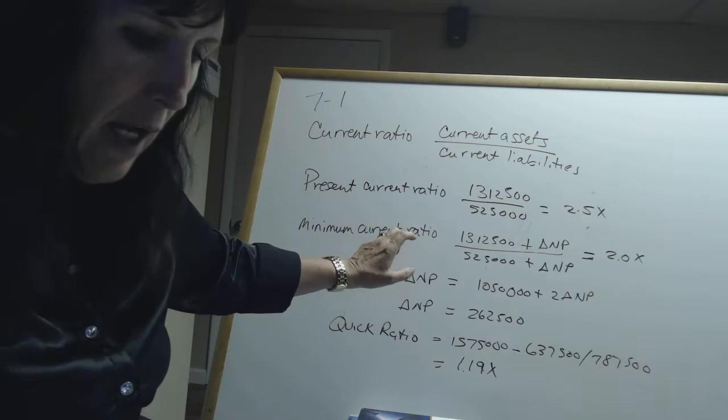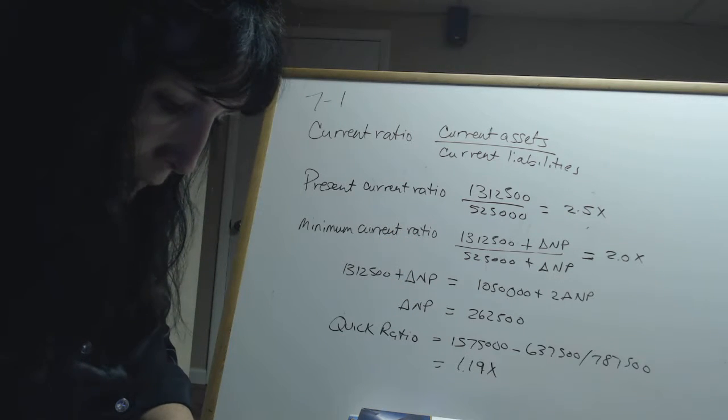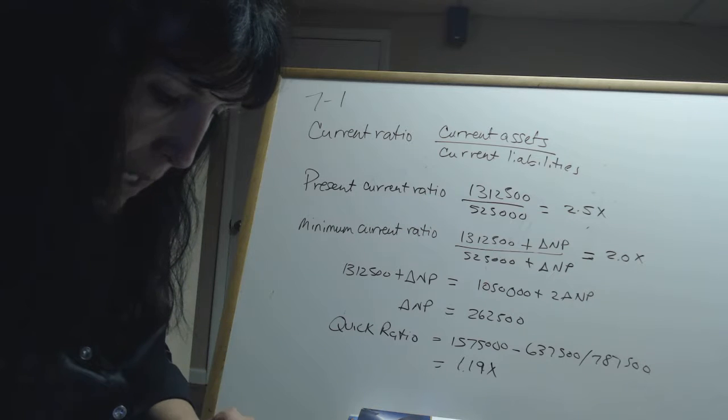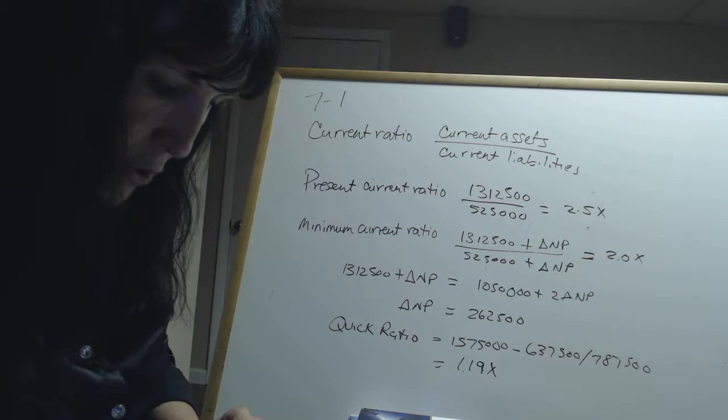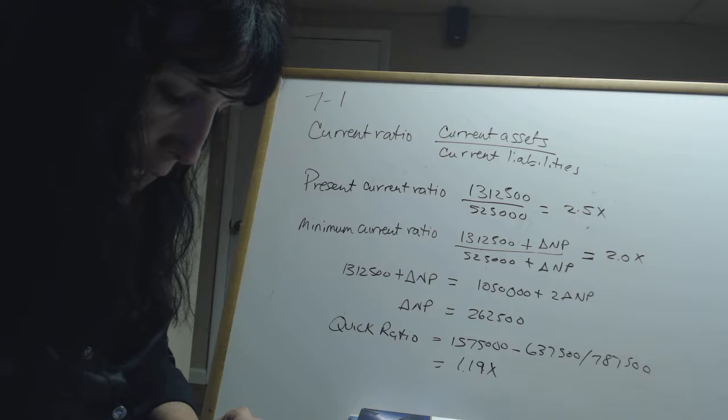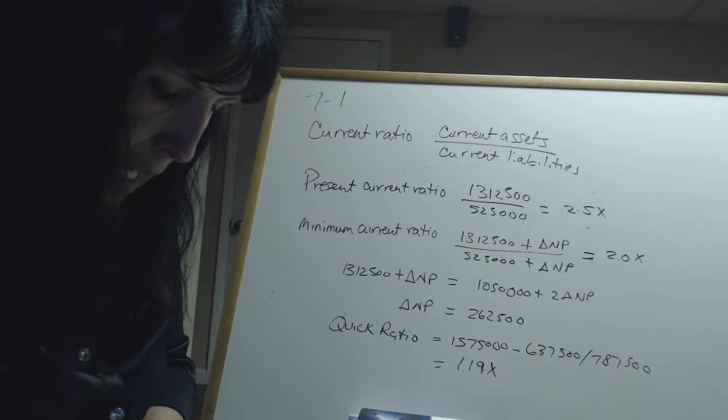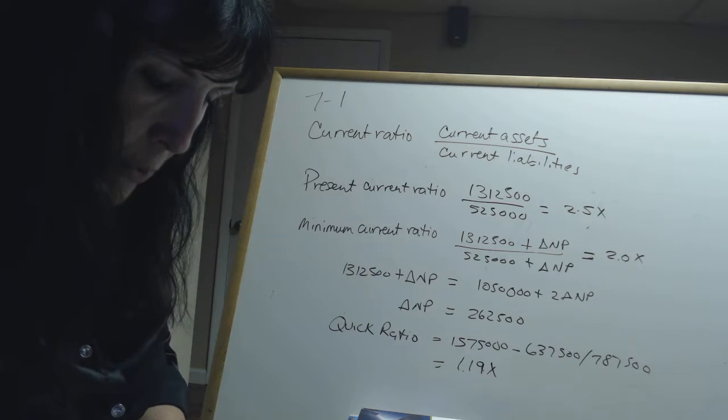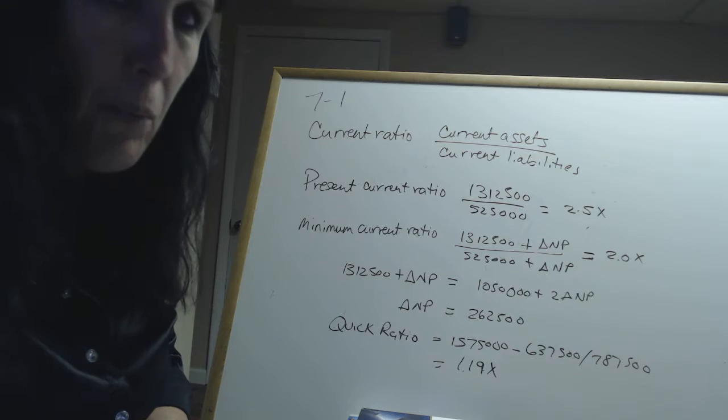And then the question is, they need to raise some money because they want to increase inventory. How much can Hindeline's short-term debt or note payable increase without pushing its current ratio below 2.0?